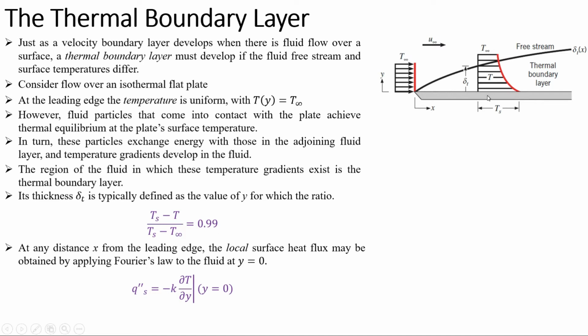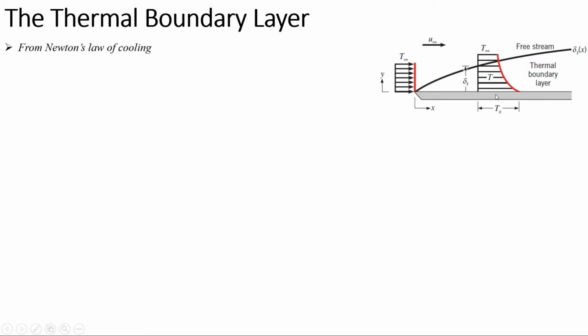Beyond the first layer, heat transfer is occurring due to convection. So we can apply Newton's law of cooling at that point, which will be q double dash s is equal to h (Ts minus T infinity), because this is the heat transfer to the fluid layers which are not in contact with the surface.